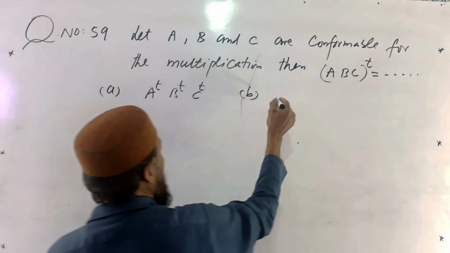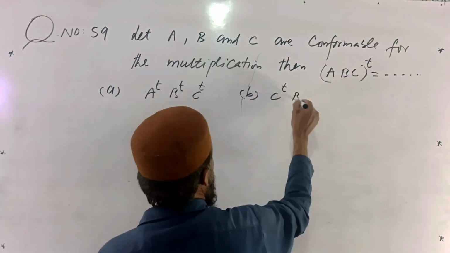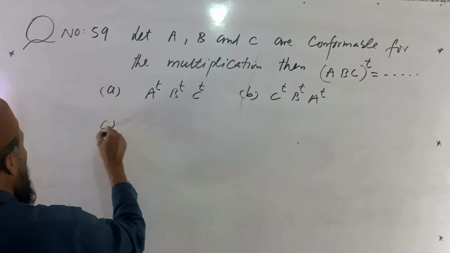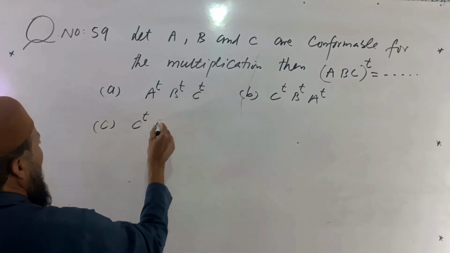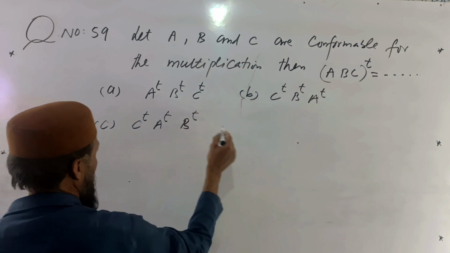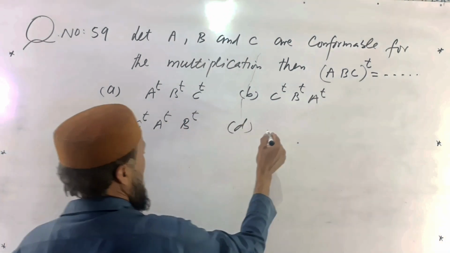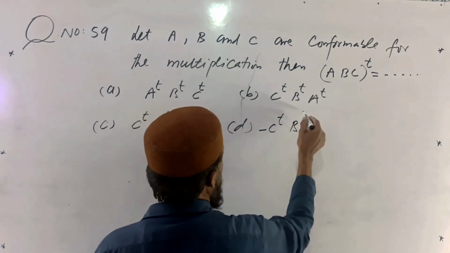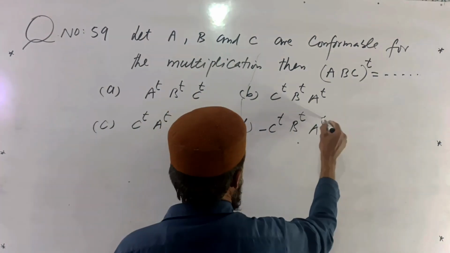B is C transpose, B transpose, A transpose. And C is C transpose, A transpose, B transpose.